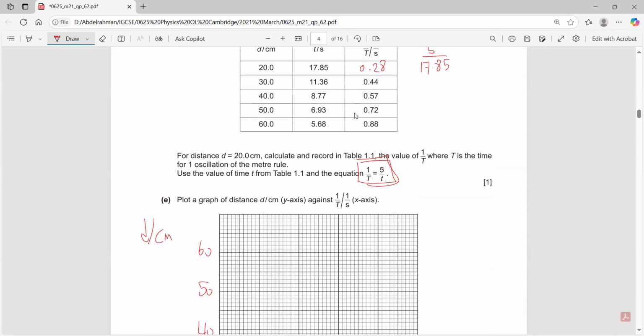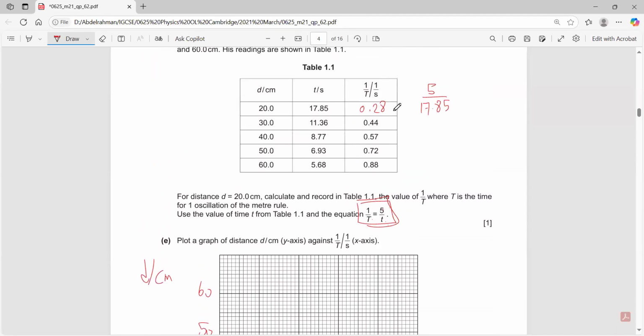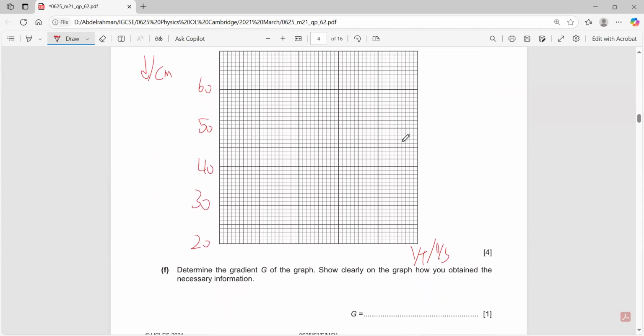That's easy. For 1 over period, you want to start from 0.28 all the way to 0.88. I think it would be reasonable to use 0.2, 0.4, 0.6, 0.8, and then 1.0. Yeah, this would be an okay scale.